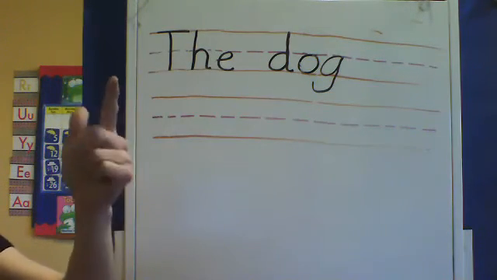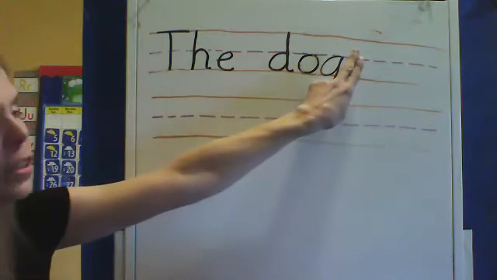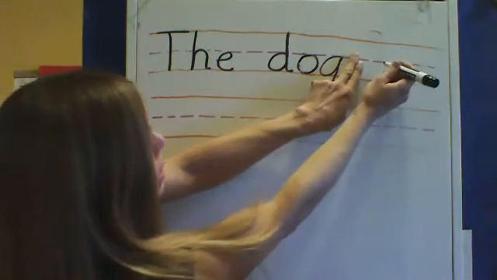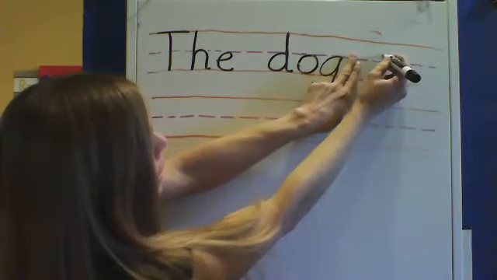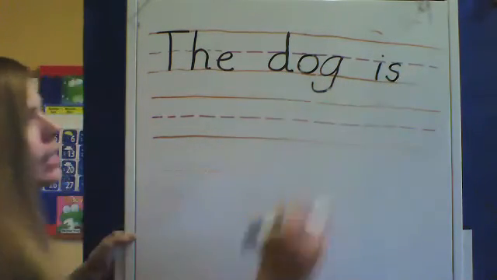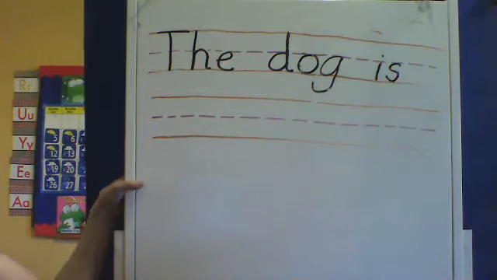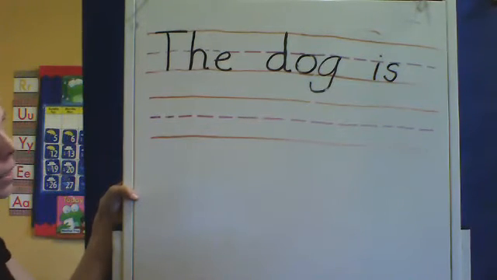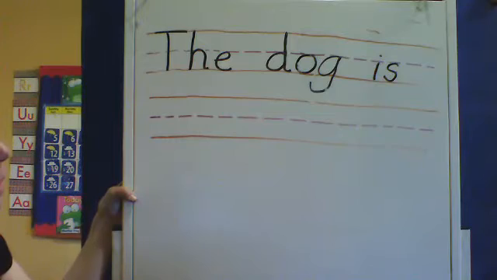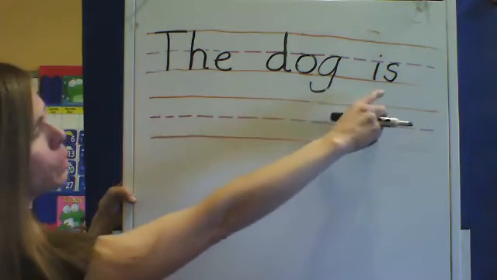The dog is. So we're going to put our 2 finger spaces there. Is. Is a sight word. We should know how to spell it. If we were sounding it out, you might think that was a Z, is. But that's why it's a sight word, because most of the letters in the sight words just don't quite make all the right sounds as they would if they were by themselves.